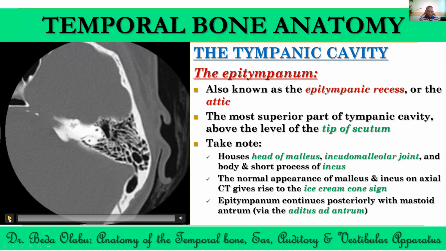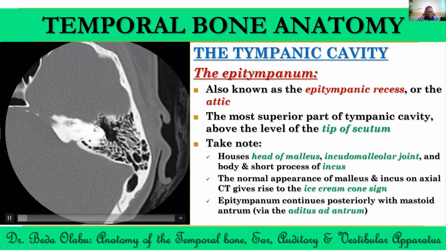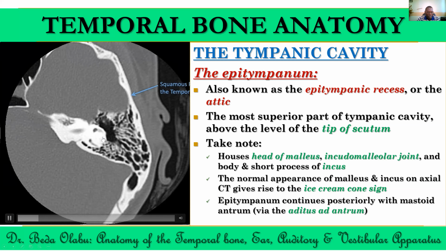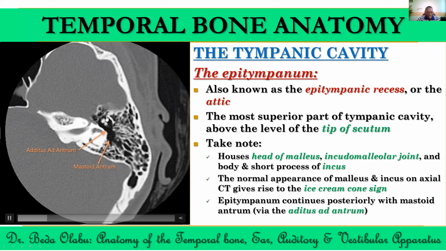It's a magnified image of what we just saw. So this is the otic capsule with the anterior and posterior limb of the superior semicircular canal. We're starting to see the aditus ad antrum there.